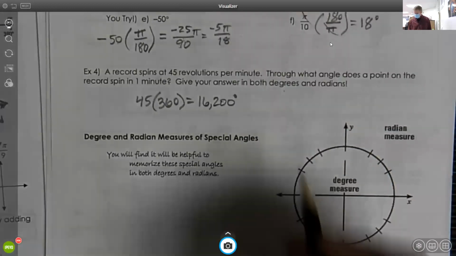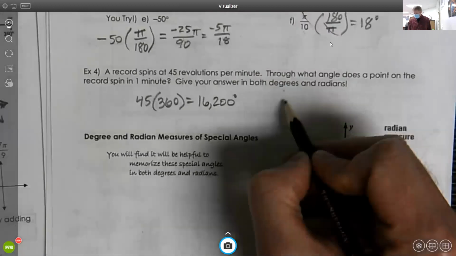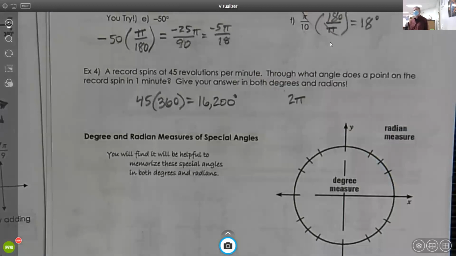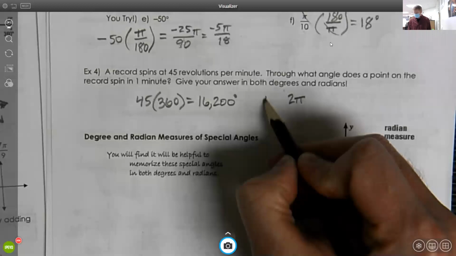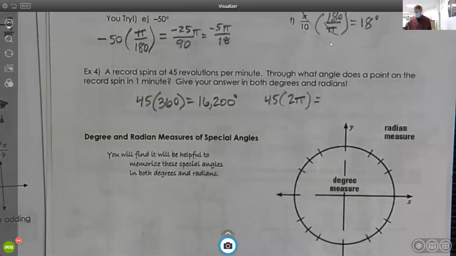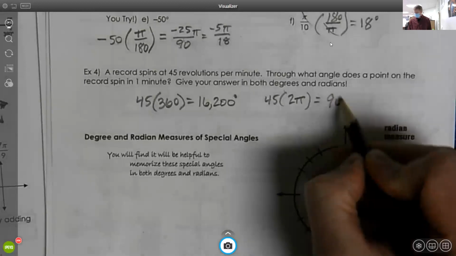If we take our 2 pi, that's a full circle, that's your 360. And you're going to do that 45 times. That gives us 90 pi.